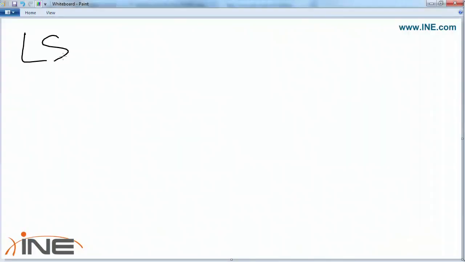Question? Yeah, so what's the difference between LSDB and DBD? They're both related to the database, but the specific term is the link state database. This is basically the entire map.